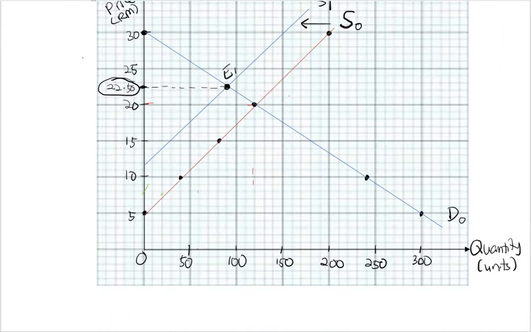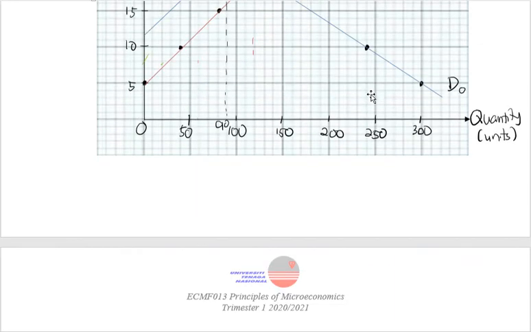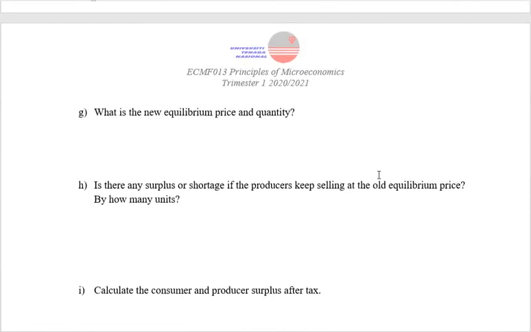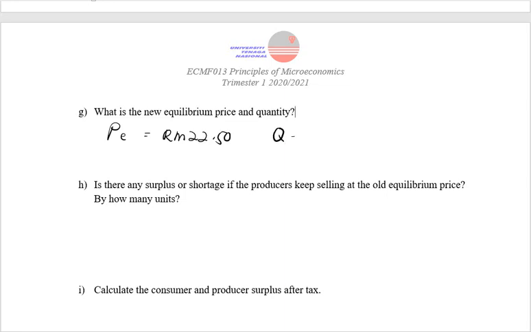Okay, and for the new equilibrium quantity, you need to drag from here downward, you will get 90 here. Okay, so your answer here should be the new equilibrium price, the price after tax, RM 22 and 50 cent. The new equilibrium quantity is 90 units, which you obtain from the table just now.